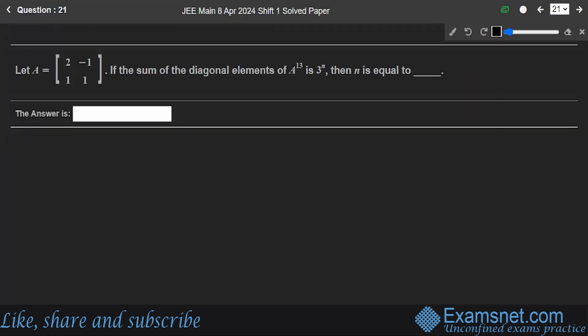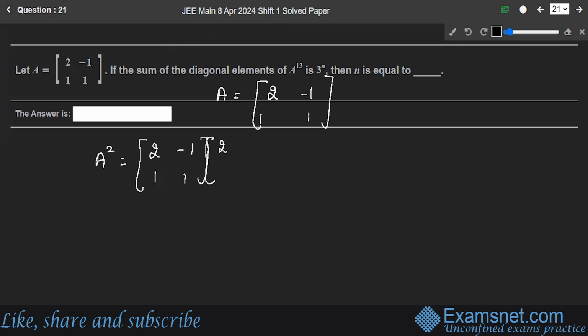Question number 21. Let A be given by this matrix. If the sum of the diagonal elements of A power 13 is 3 power n, what is n equal to? You have the A matrix 2, minus 1, 1 and 1. You find out A square. This will be 2, minus 1, 1 and 1 times 2, minus 1, 1 and 1.